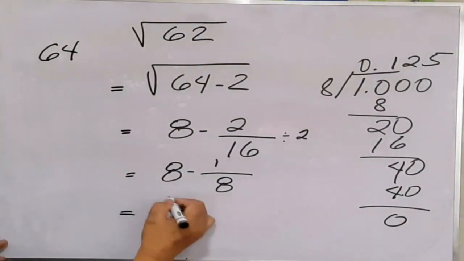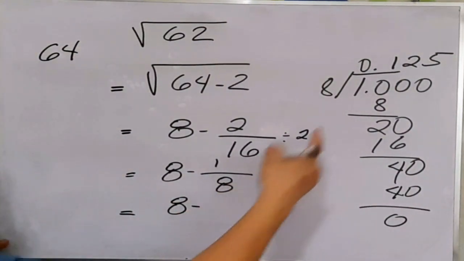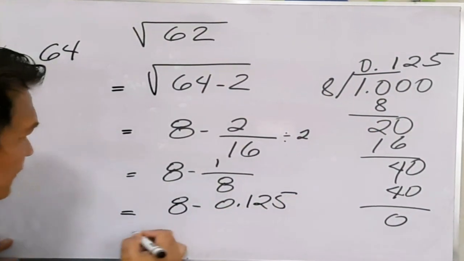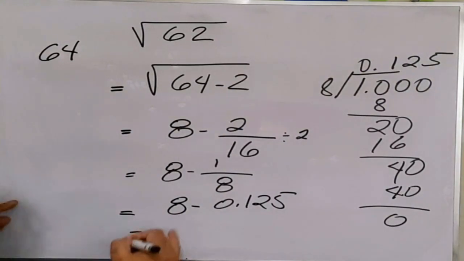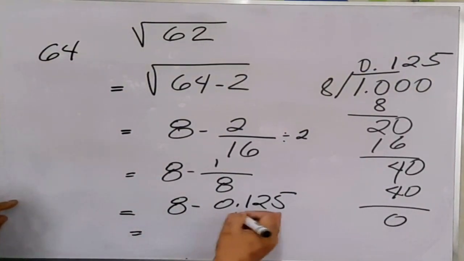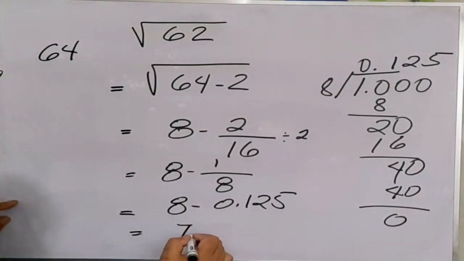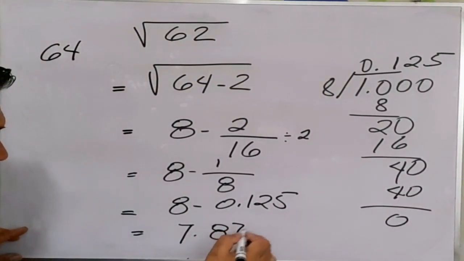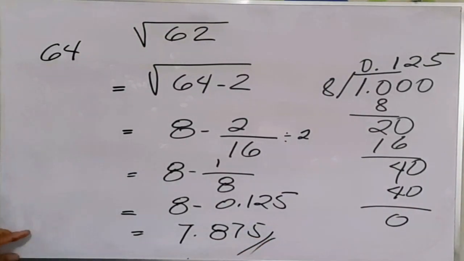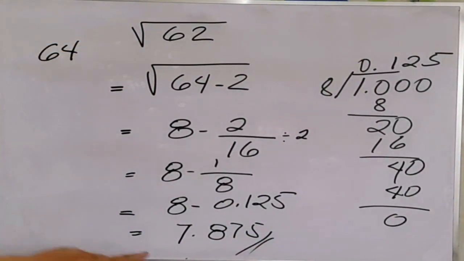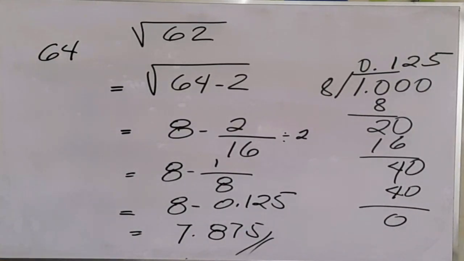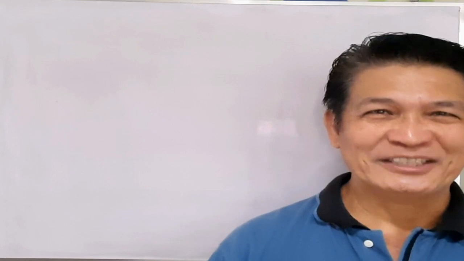Therefore, 8 minus 0.125. If we subtract 8 minus 0.125, that will be equal to 7.875. The square root of 62 is equal to 7.875. It's your turn. Get your paper and pencil and solve this.